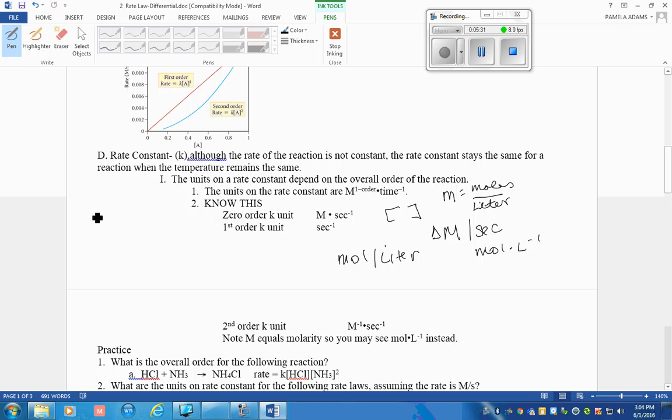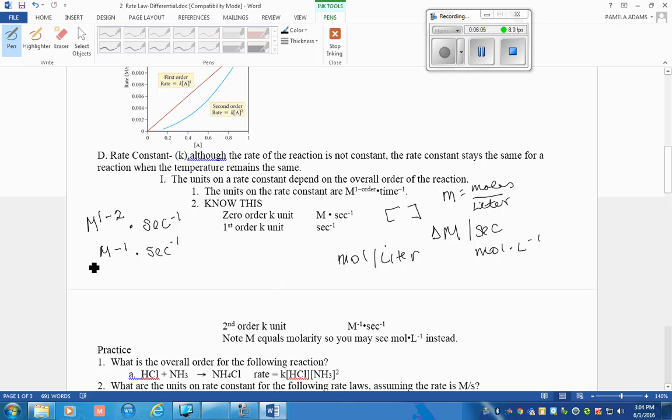You take the overall order, so you have molarity, let's say the overall order is 2, subtract 1 minus the overall order, and multiply it times the time unit, I'm using seconds as an example, to the negative 1. Let's recall that would be the same as writing it per second. So the rate law unit would be 1 minus 2 is negative 1 times second to the negative 1.